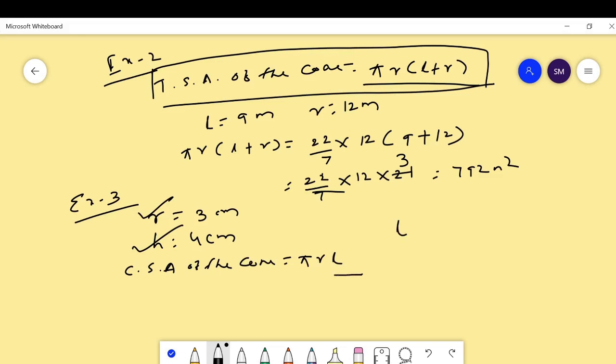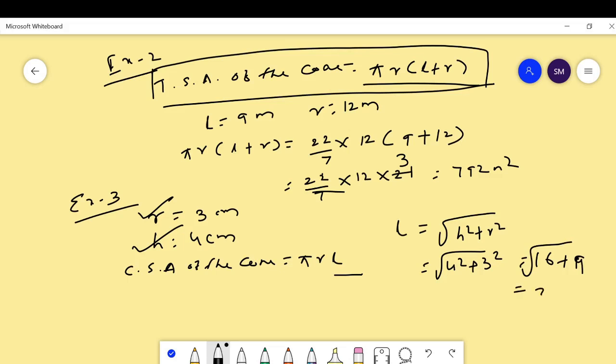Recall the relation between r, l, h. L is equal to the square root of h square plus r square. Here this is the square root of 4 square plus 3 square, which is the square root of 16 plus 9, which is equal to the square root of 25, which is 5 centimeter.